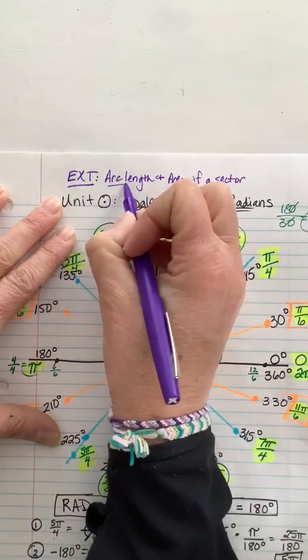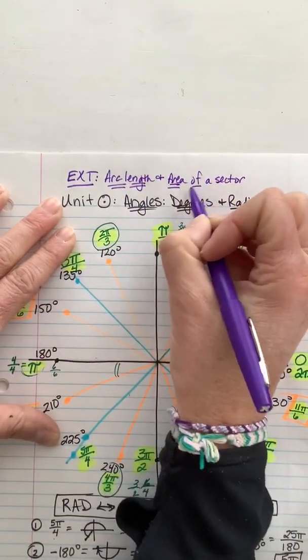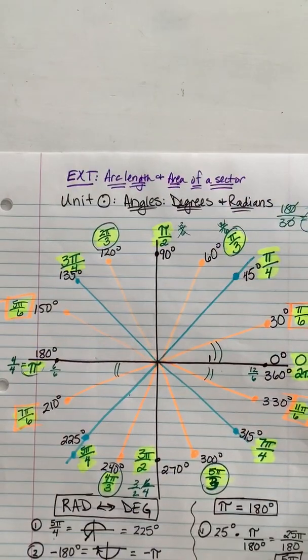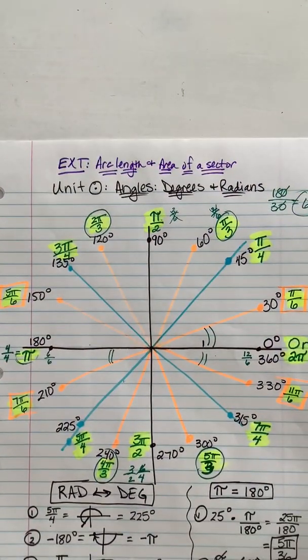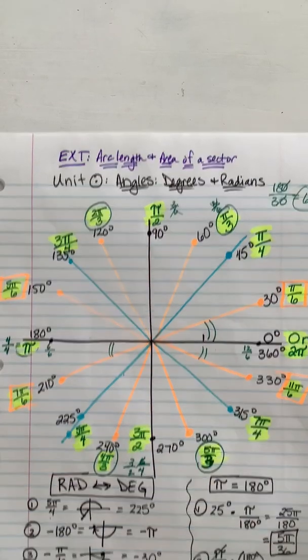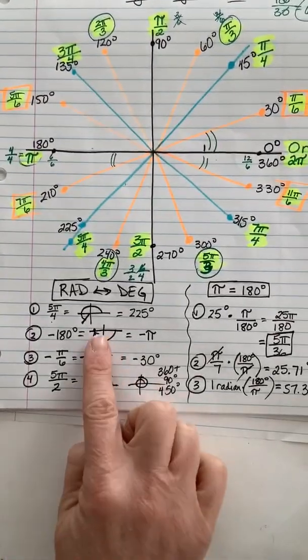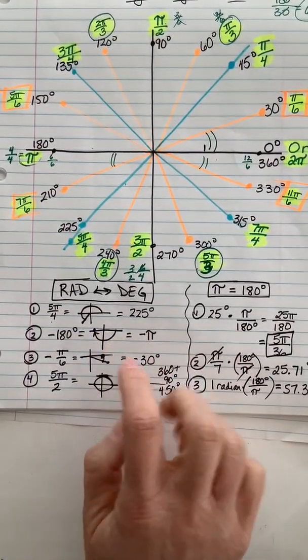Now, if you have your books, this is all listed in the unit before the practice problems. You can look up what an arc length is and what an area of a sector is and be just fine. If you don't have your book handy, simply look up those terms online, see what you can figure out about those extension problems. Beyond that, you guys are going to be working on radians to degrees and back again.